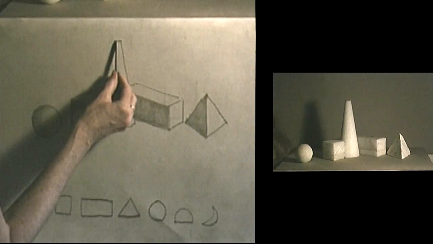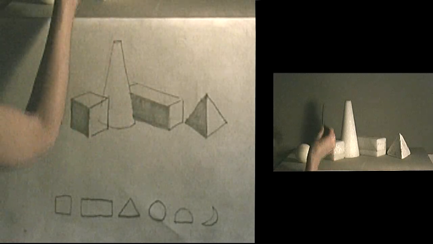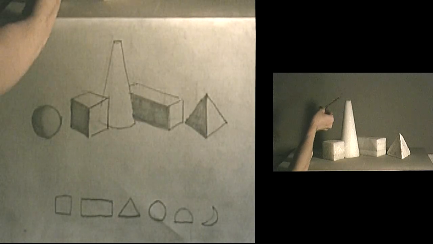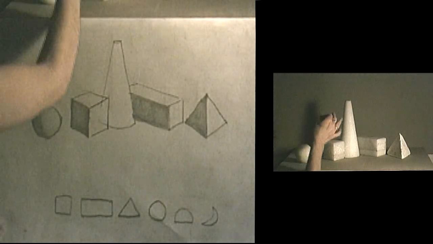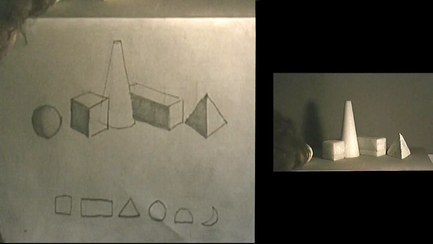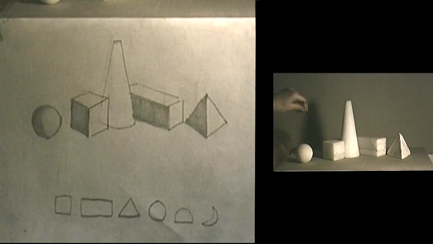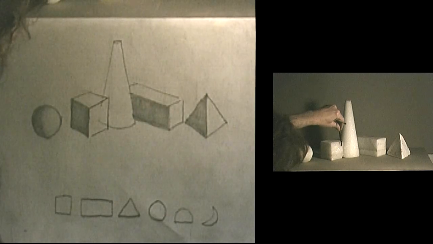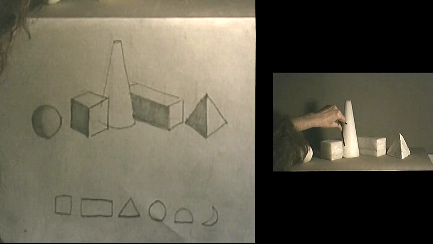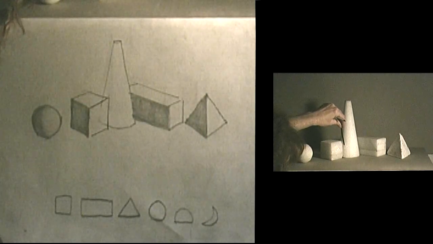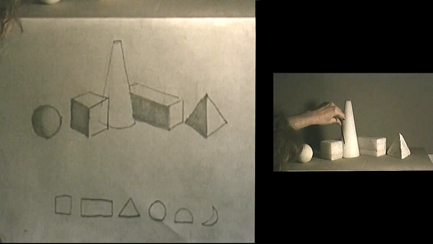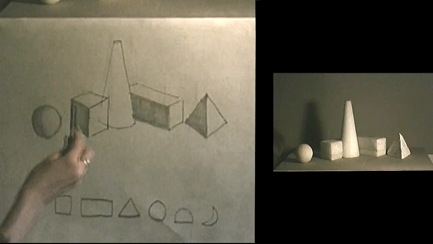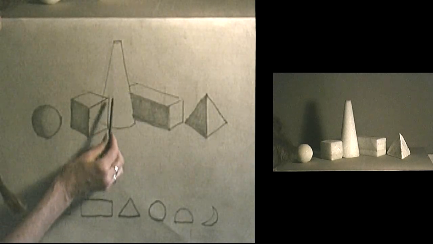Now on the cone, you can see clearly the shadow in the light where it spins quickly. But as it fans out, the shadow begins to be a little lost. So what you need to do in a situation like this is look closely at the cube and then at the cone, at the cube and the cone, and kind of squint your eyes and compare them. Which is lighter, which is darker. When I look at it, it seems to me that the cone is slightly darker.